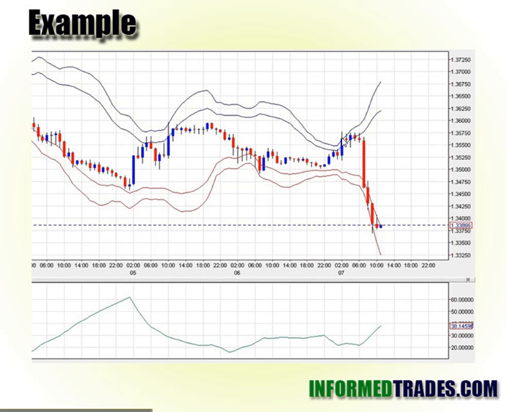Here we go to the higher one, we touch the high and close there. In this instance, we touched the high, but we didn't close there. Even though the trade actually would have worked out, this is not really the signal that this strategy is giving, so this strategy would have stayed out of this one. But over here, we go to the higher one, we touch it, and we close there.